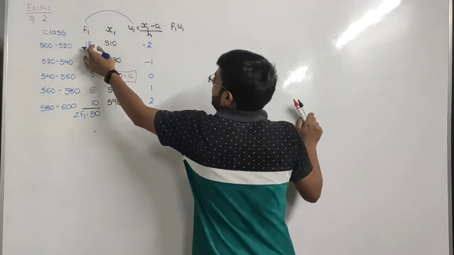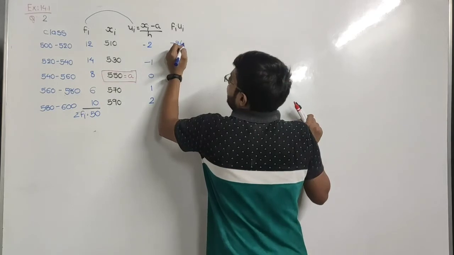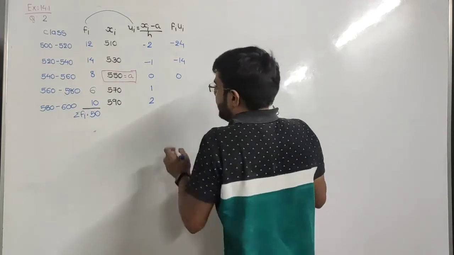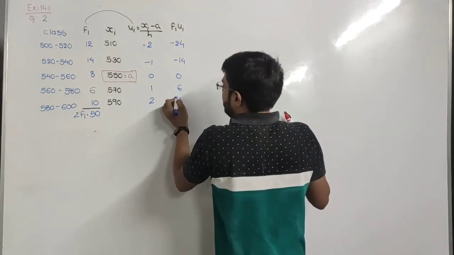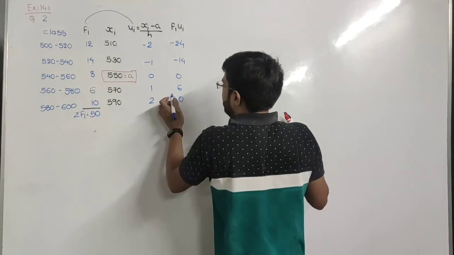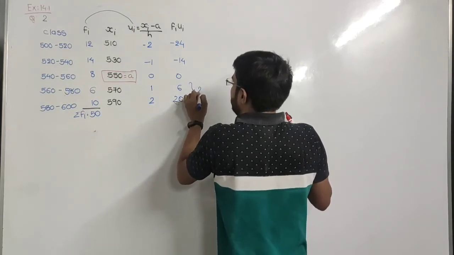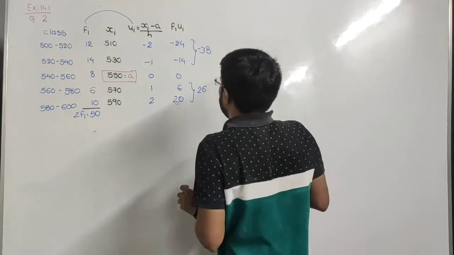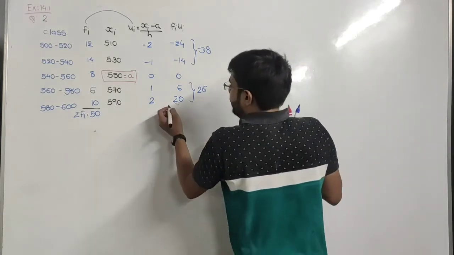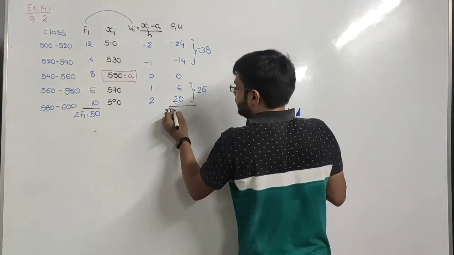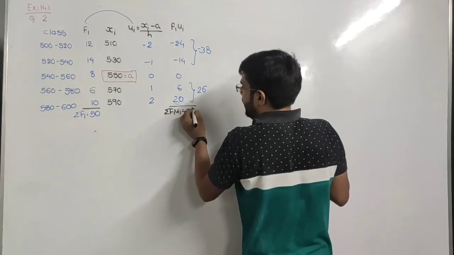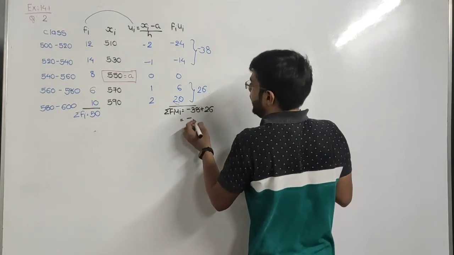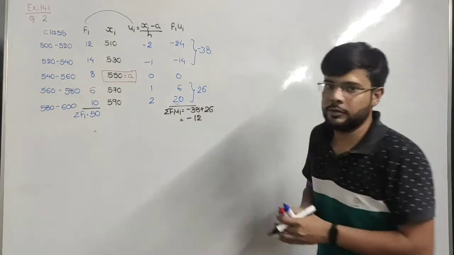This will be 12 times minus 2, minus 24, 14 times minus 1, minus 14, 0, 6 and 10 times 2 is 20. This will be equal to 26 and the negatives equal to minus 38. So sigma Fi ui will be minus 38 plus 26, that is equal to minus 12.